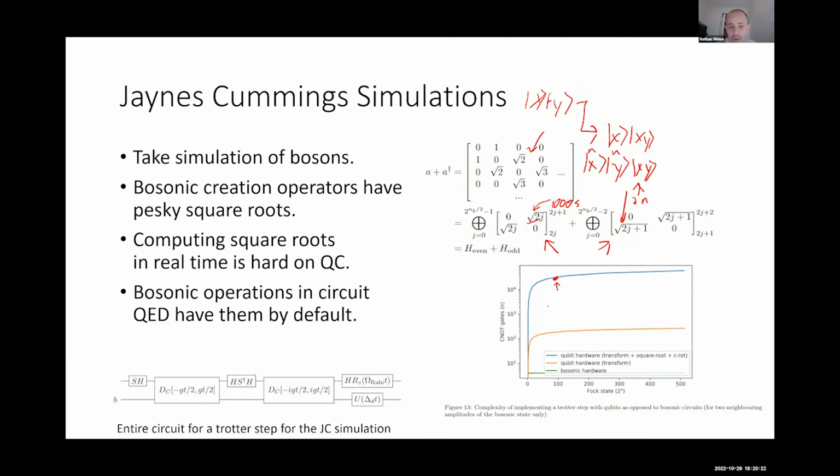Whereas for the actual bosonic simulation circuit, if we had access to these native operations that the hybrid hardware that I discussed previously have, then we would only need a constant number of operations inside that model to do this. So that's the total number of gate operations.